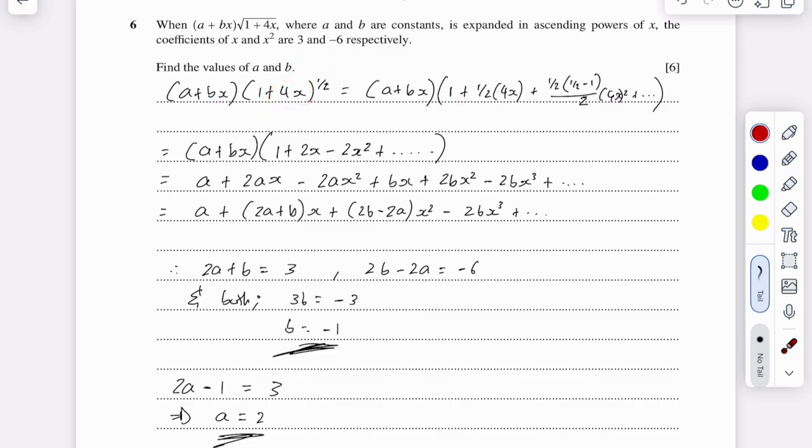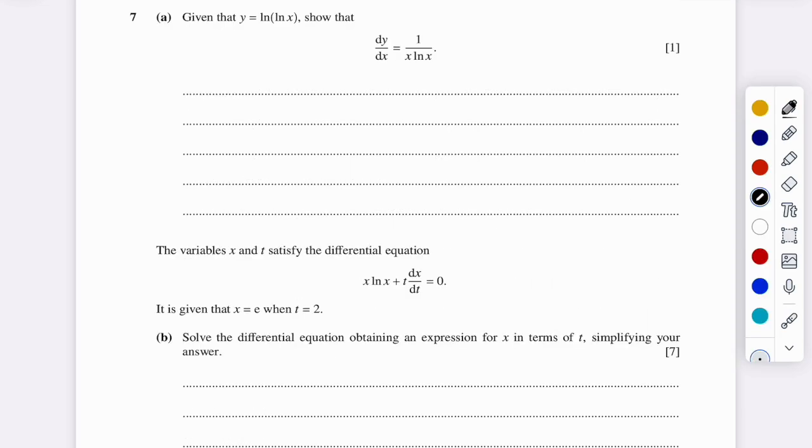We plug that all in, simplify down to here, from which we can expand, factorize, and then get simultaneous equations for a and b. And we get b is equal to -1 and a is equal to 2.